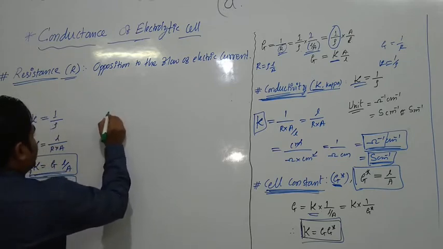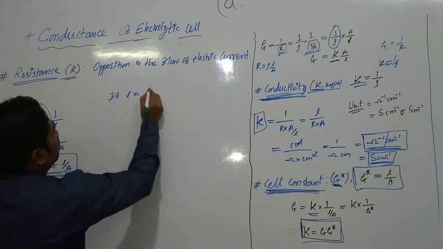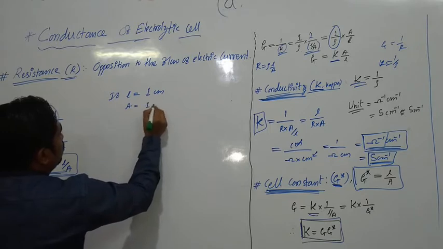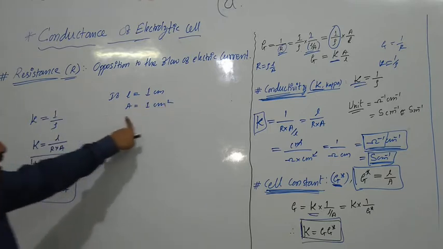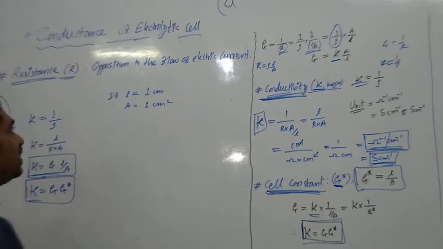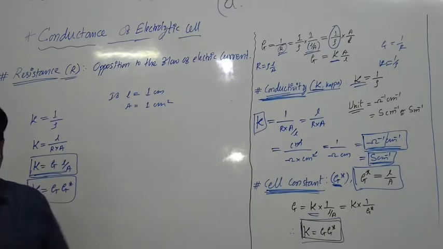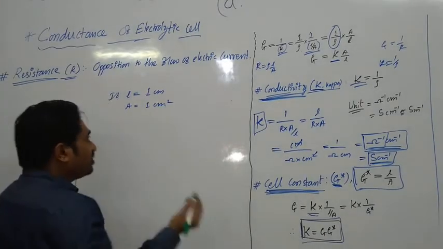See here, let us take, if length is equal to 1 centimeter and area is equal to 1 square centimeter. This is for a solid. Length and area are there for a solid. For a solution we have to consider volume.